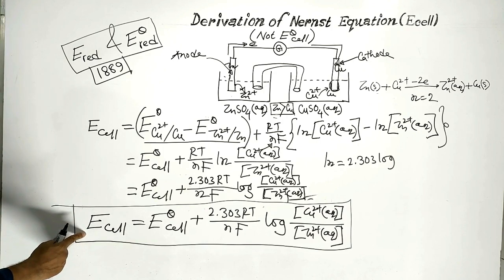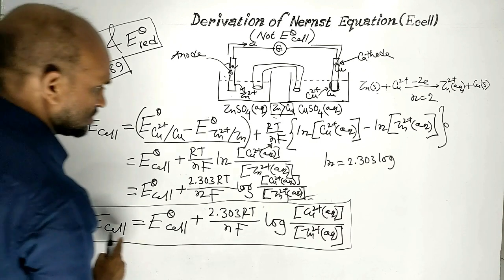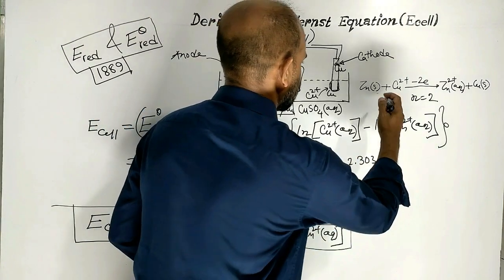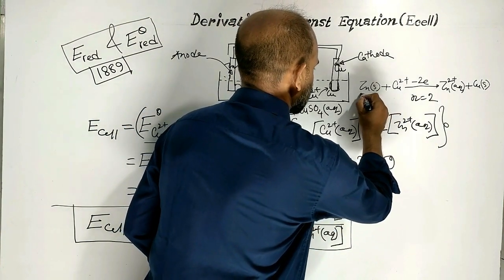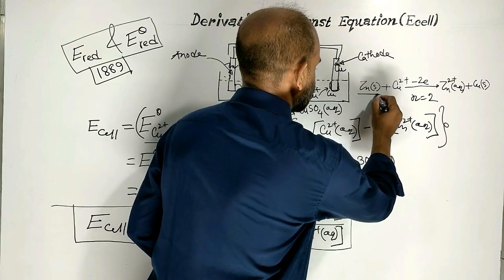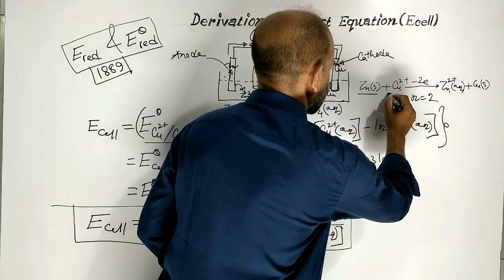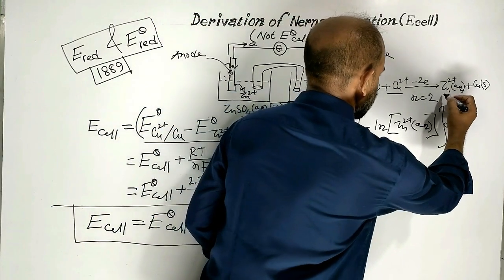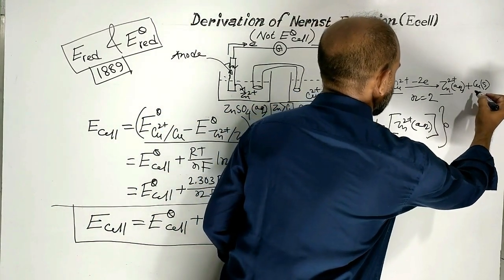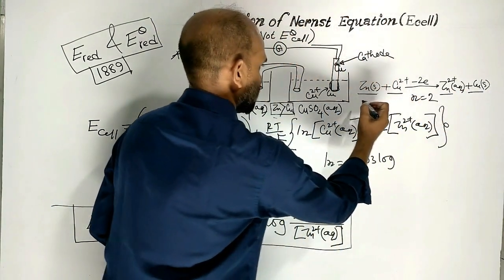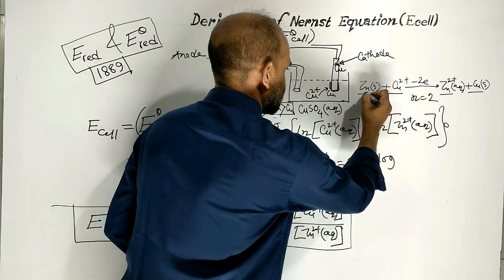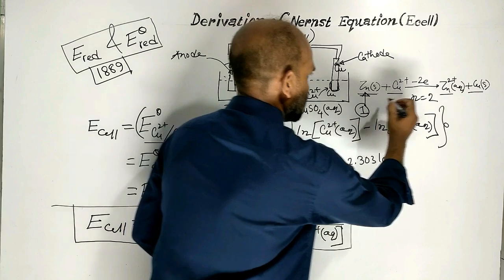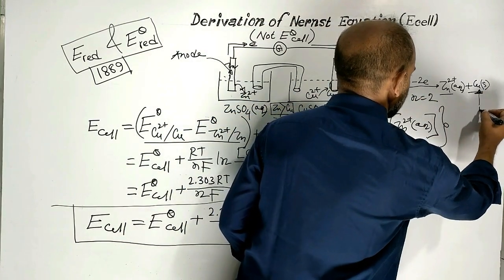non-standard state cell potential. Here, the log term is actually concentration of metallic zinc and concentration of copper ion divided by concentration of zinc ion and concentration of metallic copper. But when a substance is solid, its activity is 1.